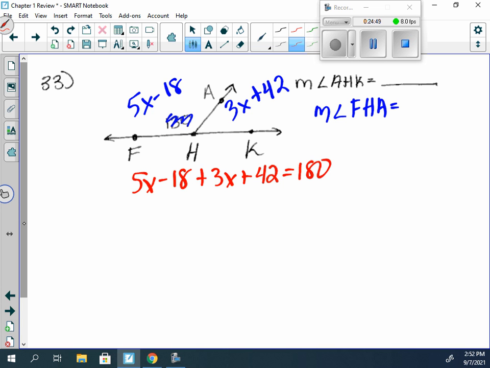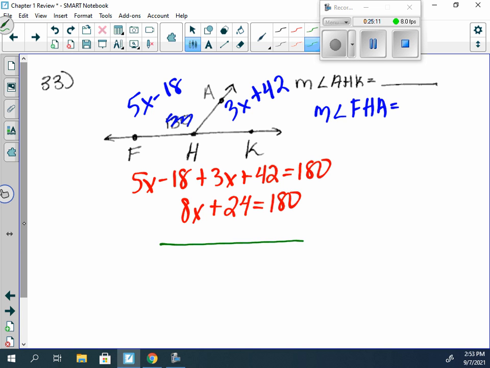So we can combine like terms because 5x and 3x are on the same side of the equal sign. 5x plus 3x is negative 18 plus 42, which is 24, and you can type that into a calculator. Then what do we need to do next?